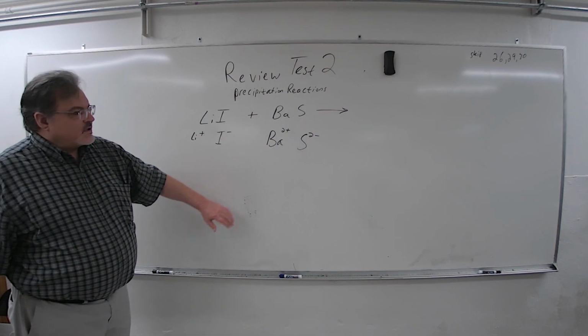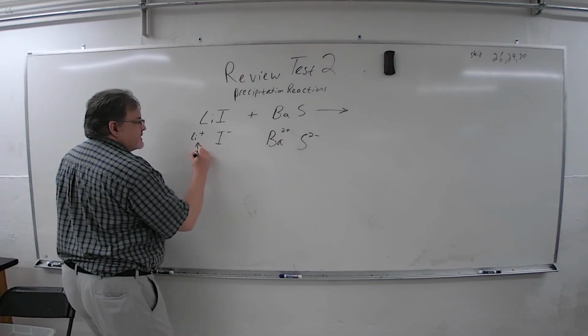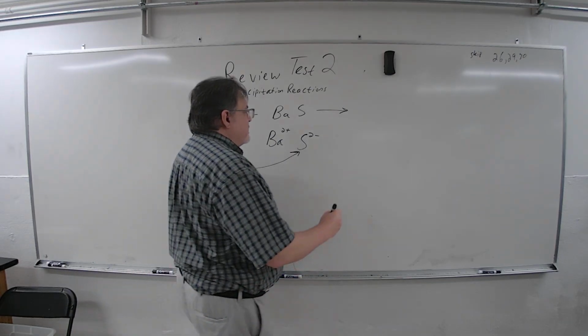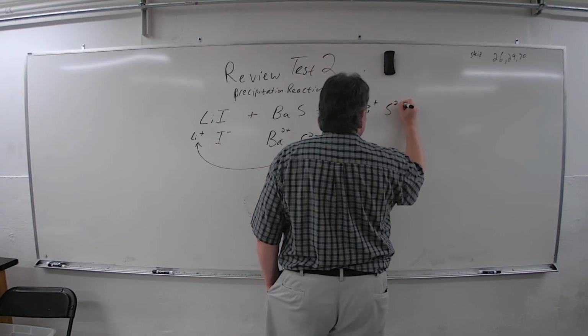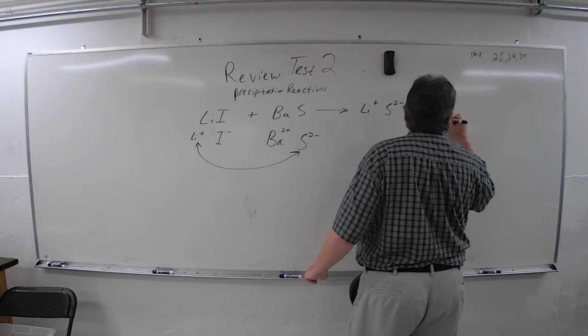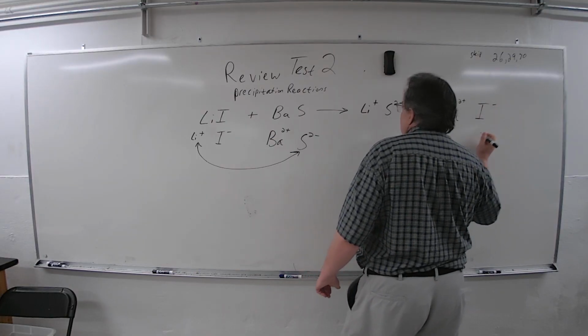So those charges, that just goes back to test 1. Now we're going to put this positive one with that negative one. We've got Li plus and S2 minus. And then these two, Ba and I. But I'm not done.